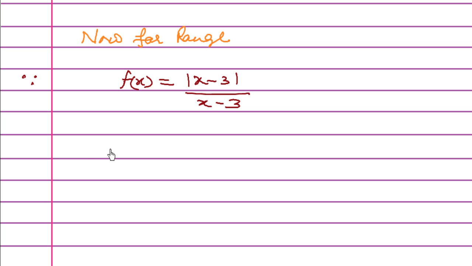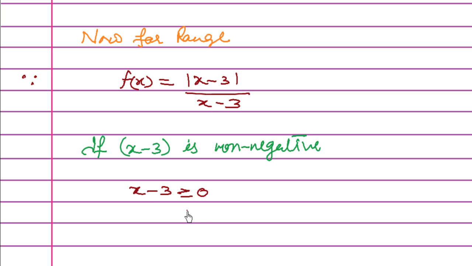So if x minus 3 is non-negative, then x minus 3 is greater than or equal to 0, and we get x is greater than or equal to 3.